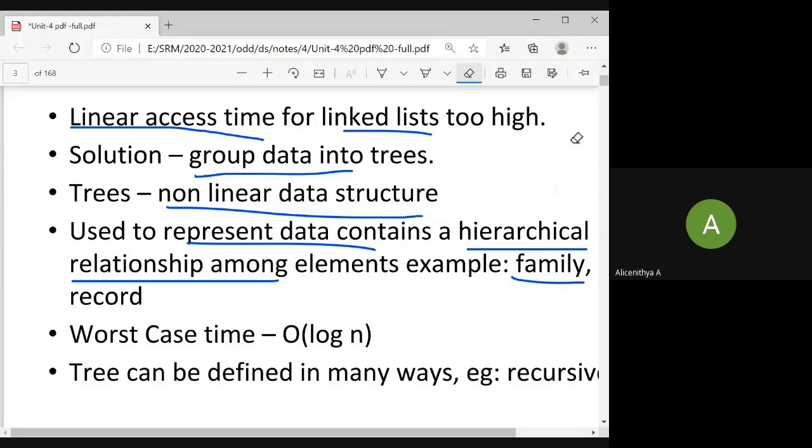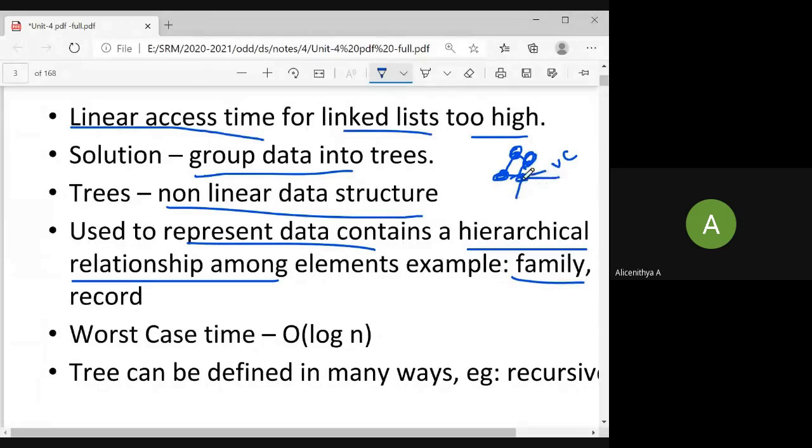Similarly, in an organization structure there will be a chairman. If we take our university structure, under the chancellor I will have an academic chancellor and an administration chancellor. Then for both of these, the vice chancellor will be there.